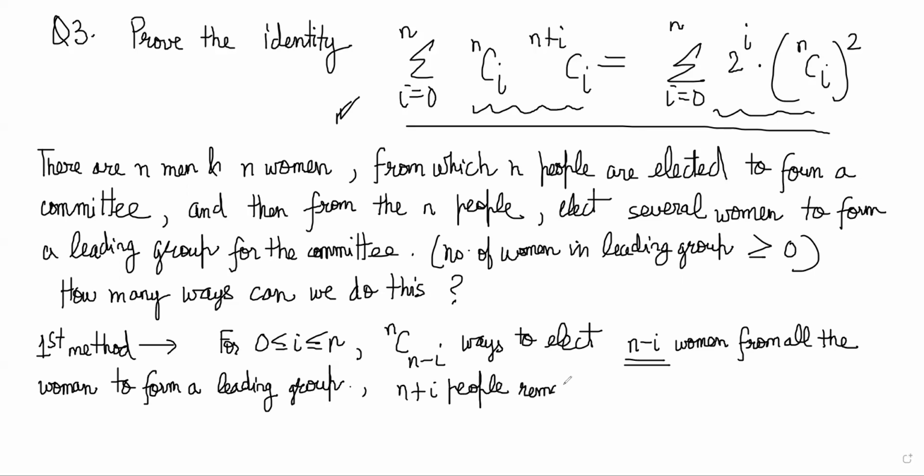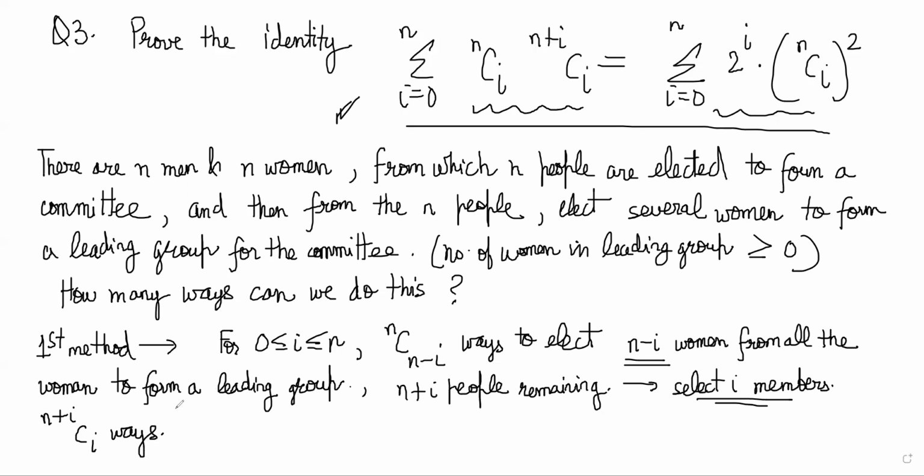And out of those remaining people, you can select i members. So these will be the remaining members of the committee which are not part of the leading group. That can be done in (n plus i)Ci ways.